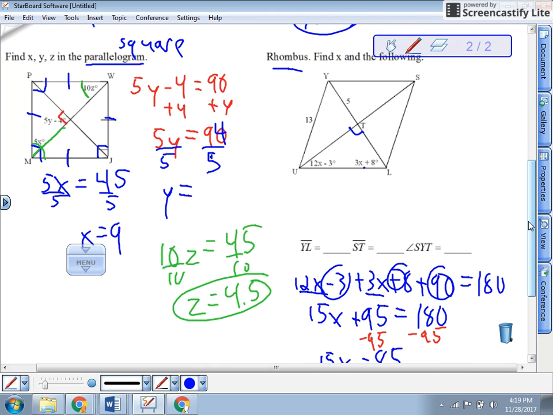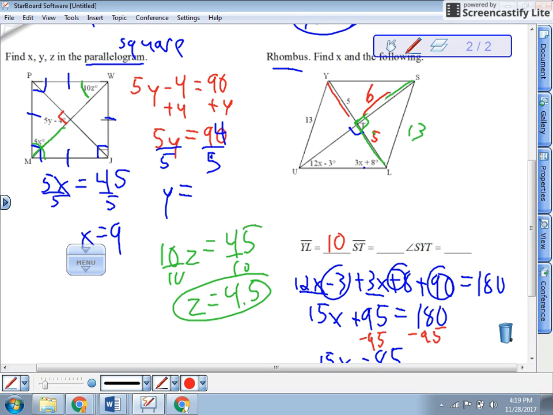So YL, well, that's a diagonal. We know that diagonals bisect. That's 5. This is also 5, so YL is just 10. Okay, ST. Where is ST? Well, ST is this piece right here. Remember, this is 90, and this is a rhombus, so this is 13. I've got a right triangle here where I know 2 of the sides. So to find ST, I'll call that b.